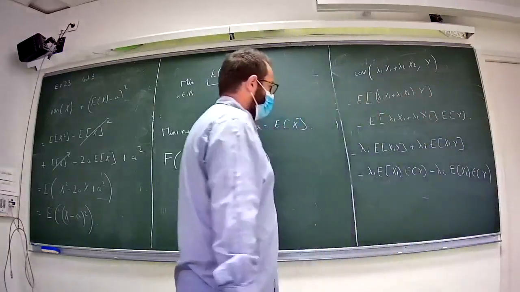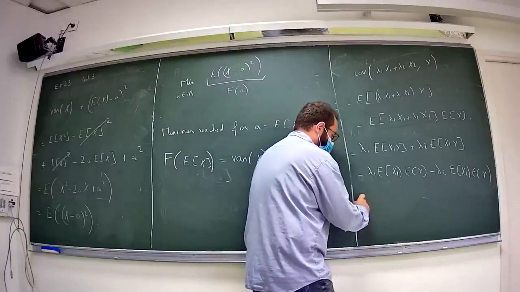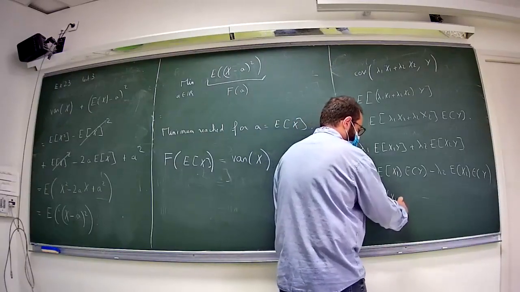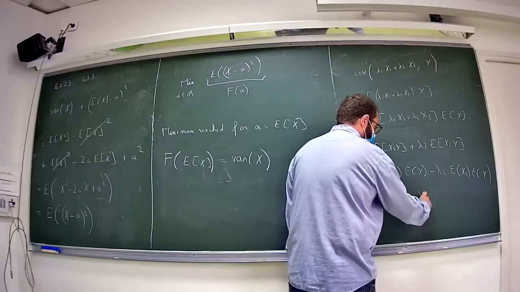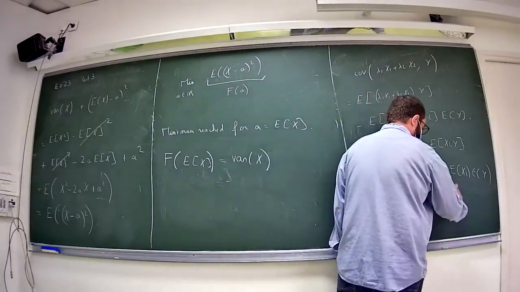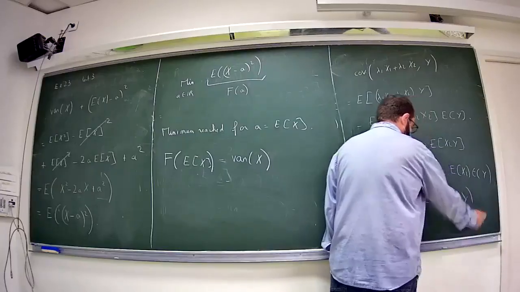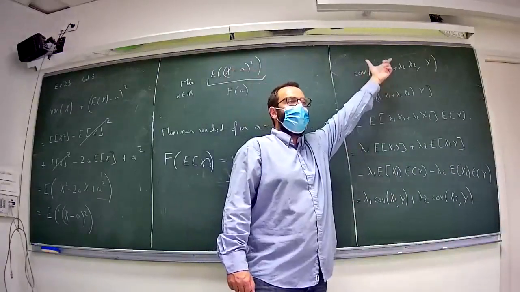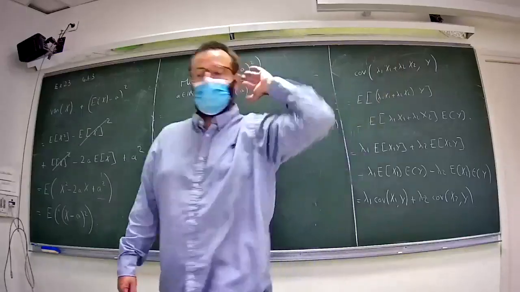At the end, I recognize that I have, in fact, lambda 1 covariance between x1 and y plus lambda 2 covariance between x2 and y. So I have proved that I am linear in the first component if I fix the other one.